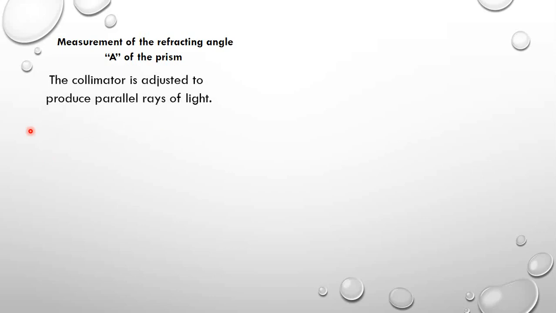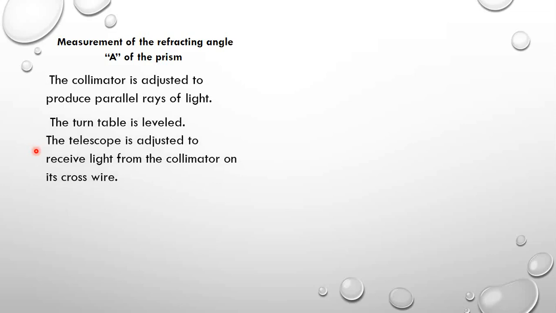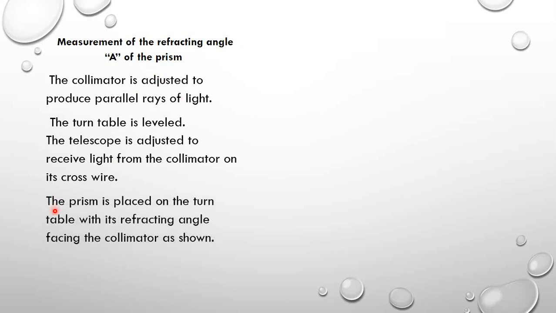That is, the collimator is adjusted to produce a parallel beam of light, we level the turntable, and then also adjust the telescope so as to receive light from the collimator on its cross wire. Then after that, we are going now to place the prism on the turntable as shown here, such that the refracting angle is facing the collimator.